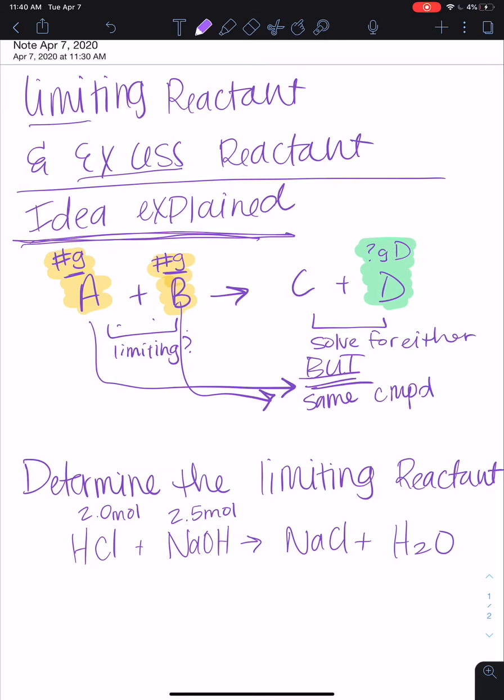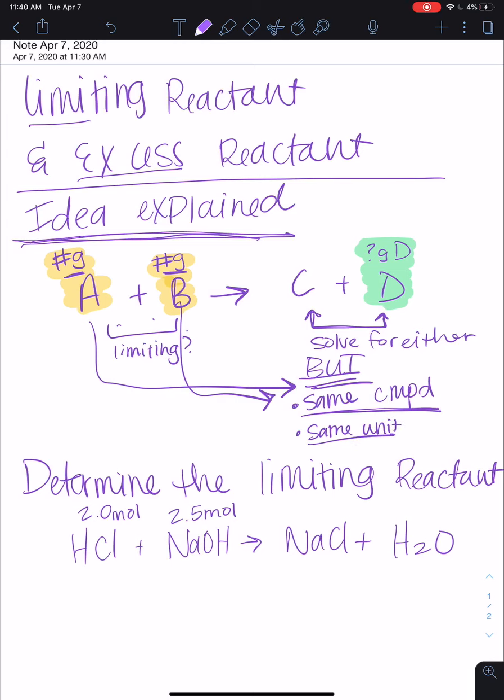Okay, so you can pick which one you want to choose when this is your question, but you can't solve A for one and B for another. Say you want to solve A for C and you want to solve B for D. That does not work, okay? You cannot do it that way because you have to have some type of product that you can compare. So not only should it be the same compound, it should also be the same unit, okay?